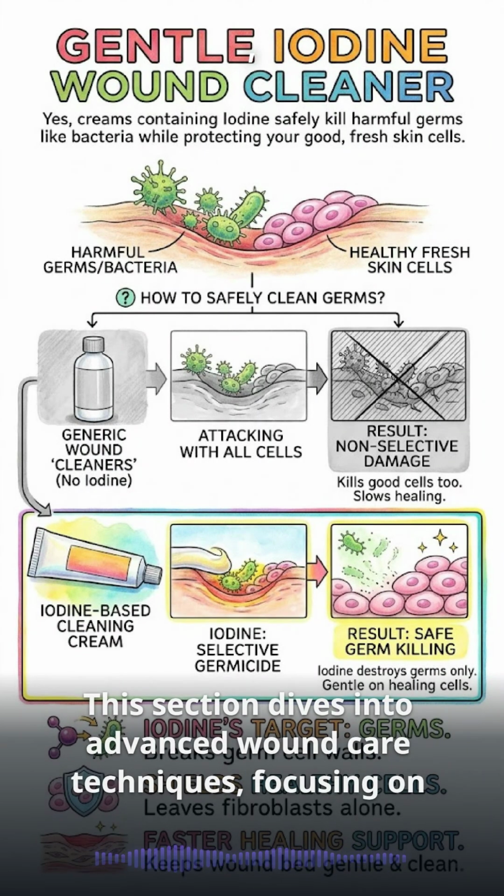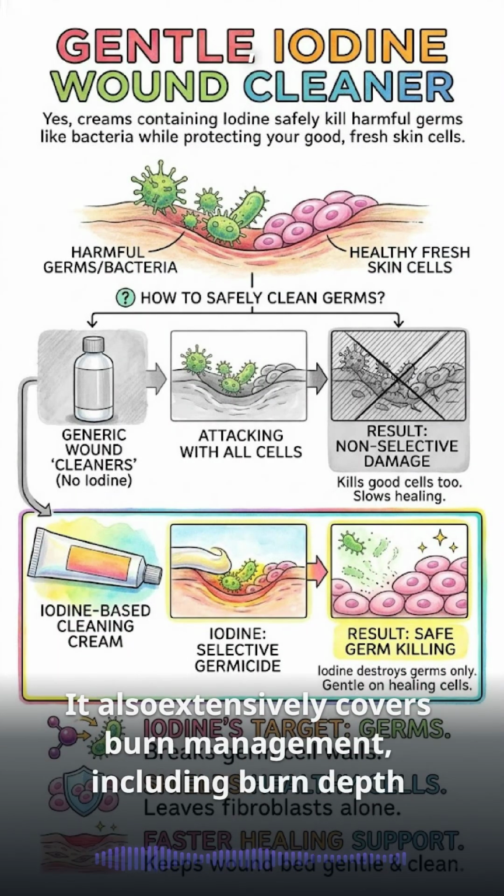This section dives into advanced wound care techniques, focusing on the various methods of debridement: autolytic, chemical, mechanical, and sharp surgical. It also extensively covers burn management, including burn depth classification (superficial, partial, and full thickness), fluid resuscitation, and specialized patient needs like temperature control.